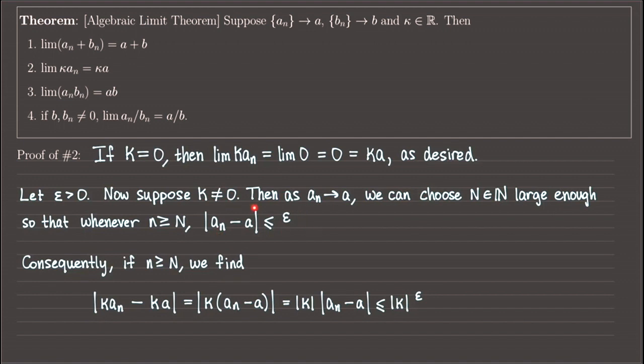If I go back up to this expression, I could have chosen capital N large enough so that this expression is less than or equal to epsilon divided by the absolute value of kappa. There, kappa is not 0, so we're not doing anything illegal. And what we now end up with is epsilon. So once again, we've shown that the sequence kappa a_n satisfies the definition of convergence. So we conclude that the limit of kappa a_n equals kappa times A.